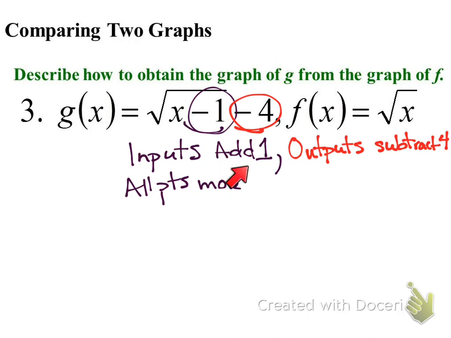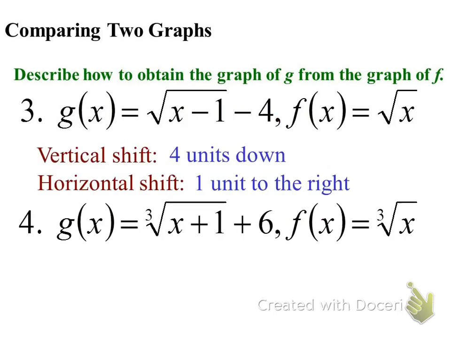So this moves right 1, down 4. So whatever the original points are, I'm going to shift them right 1, down 4. All right, so here we go.